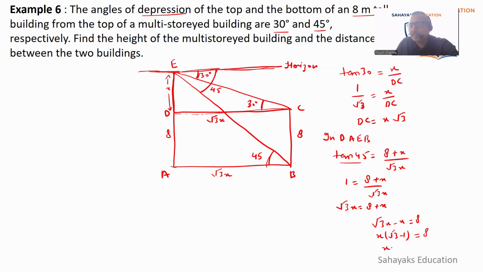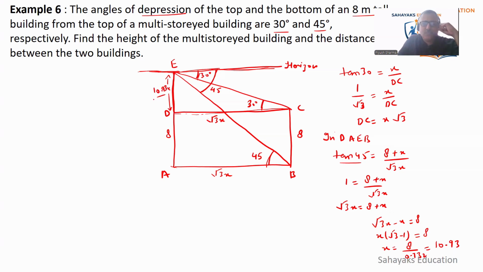So x is equal to 8 divided by 0.732. Let's find out. It comes out to be somewhere around 10.93.